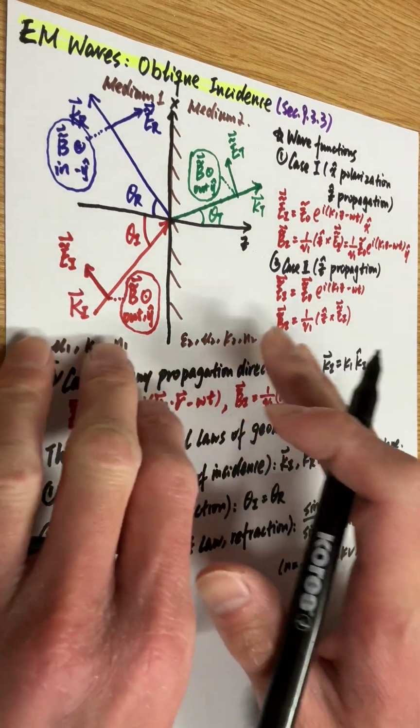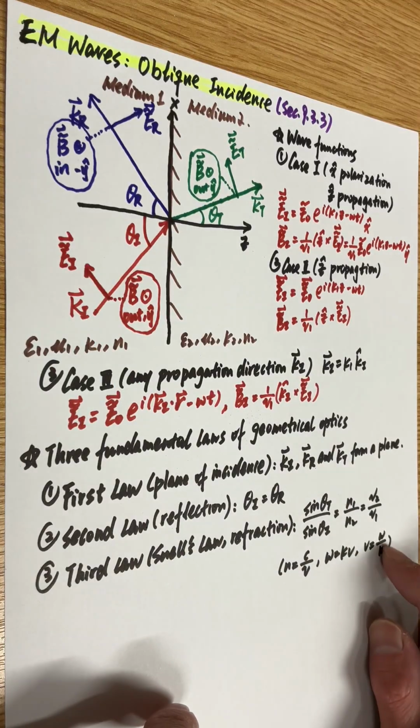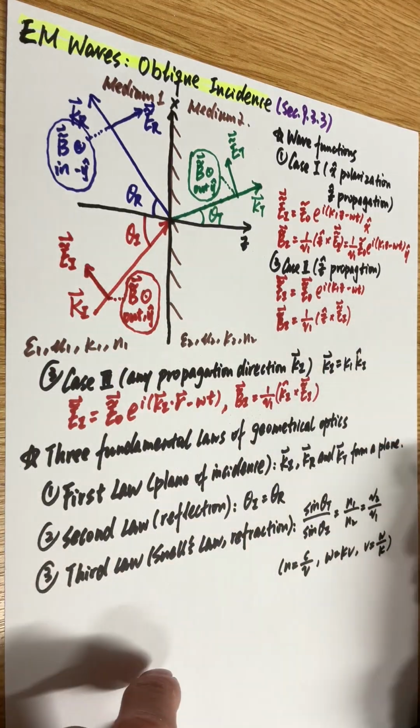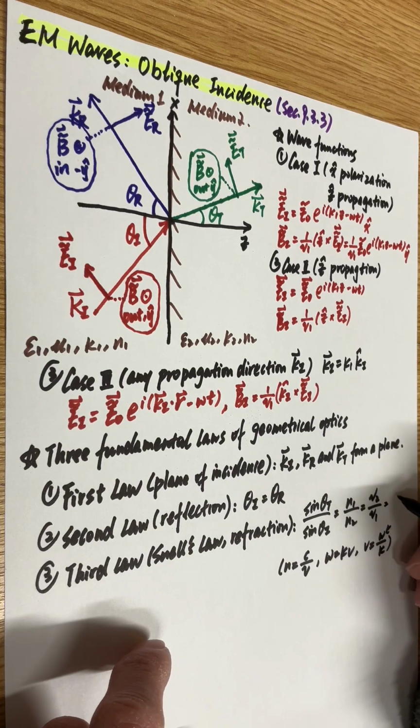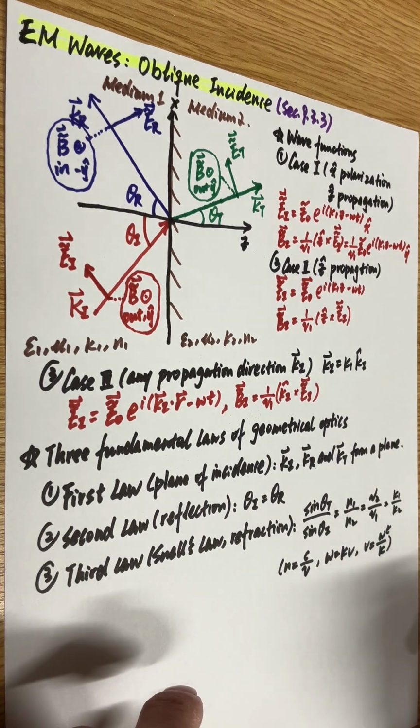On the two sides, the oscillation doesn't change, which means the angular frequency doesn't change. So I have kappa inversely proportional to v, so I have kappa 1 divided by kappa 2. This will be helpful for our calculation later.